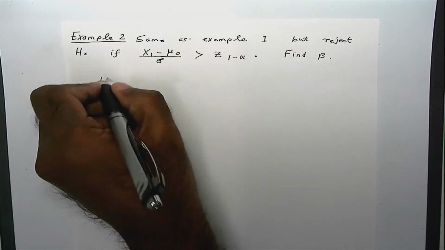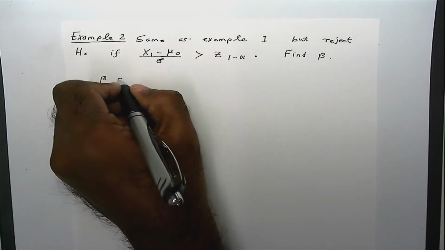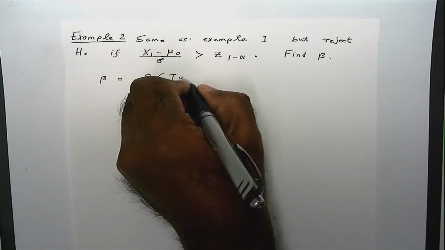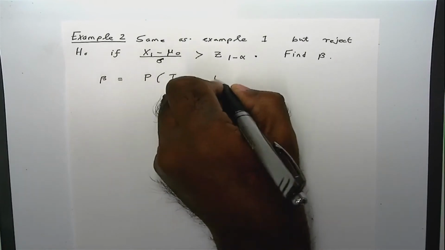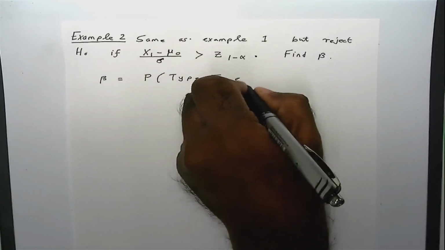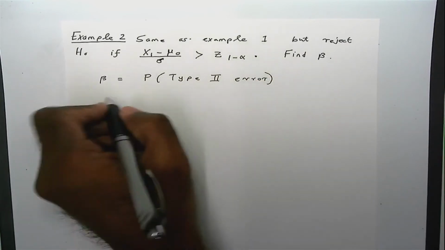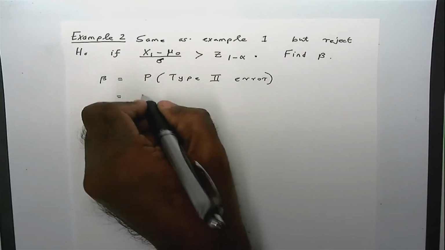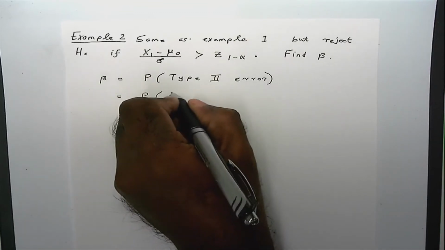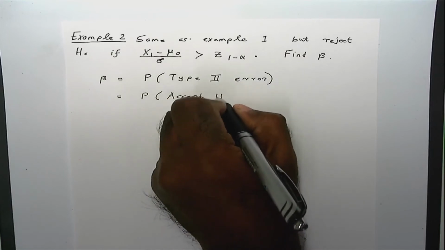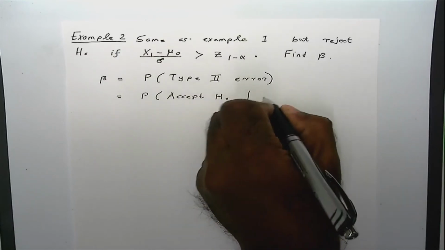So let's start with the definition that beta is the probability of type 2 error, which is the probability that we accept H0 when H1 is true.